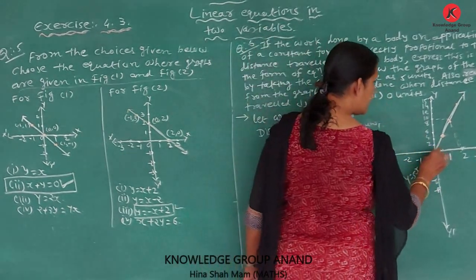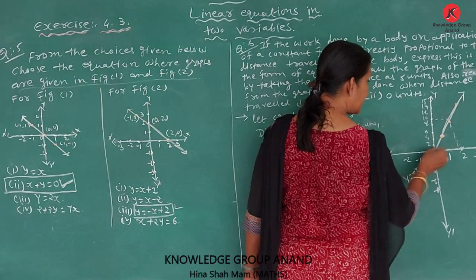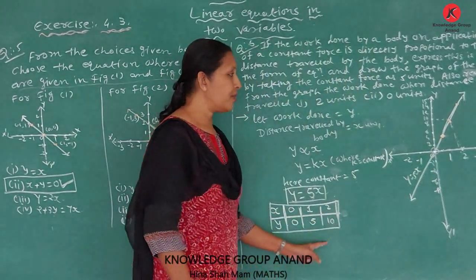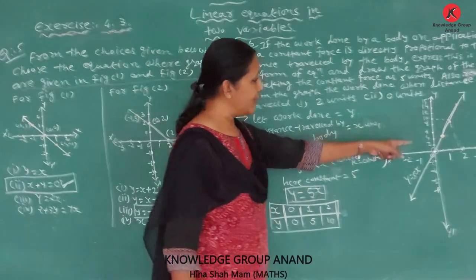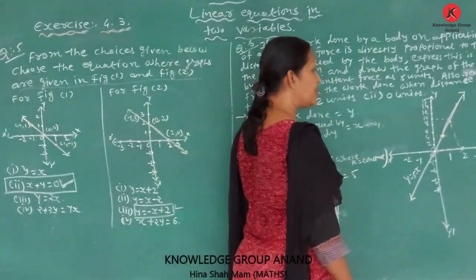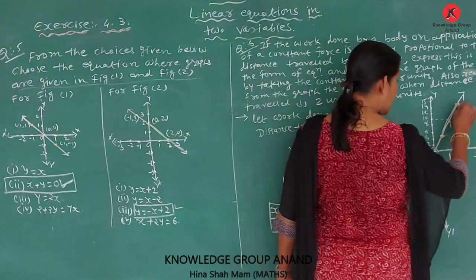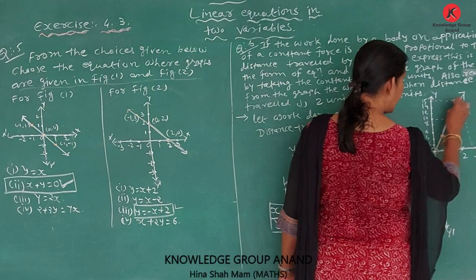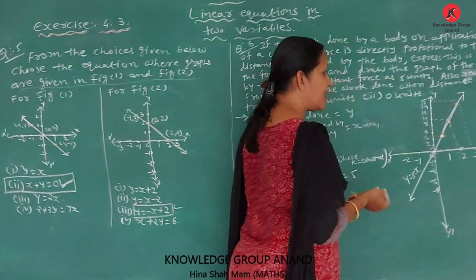When the distance is 0 units, then the work is 0. By the graph we find 0, 0 and 2, 10. Suppose the distance is 3 units, then the work is equal to 15 units. You find it like this.